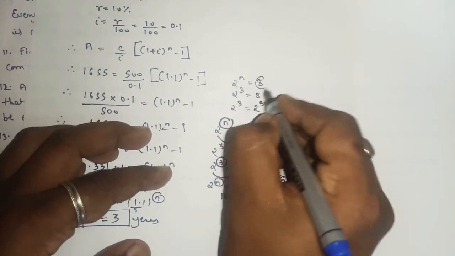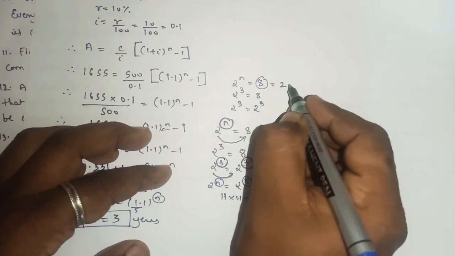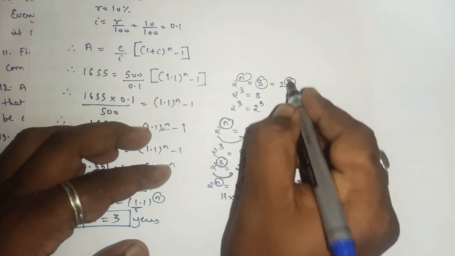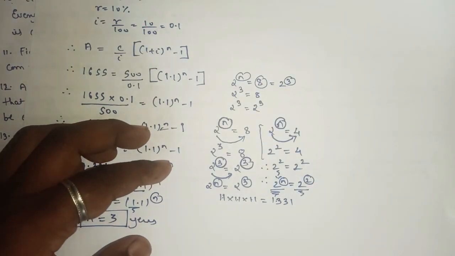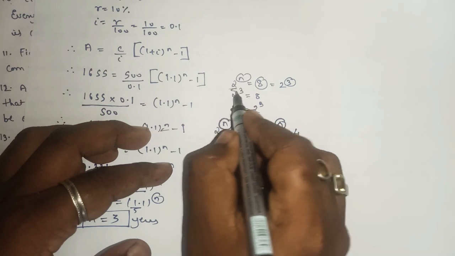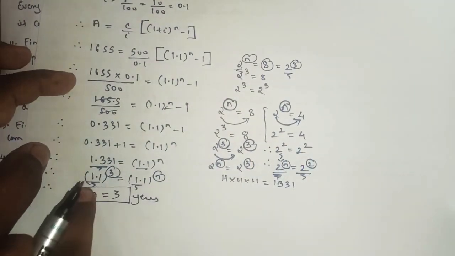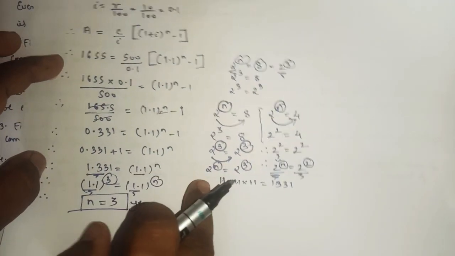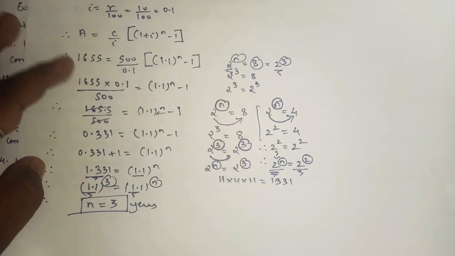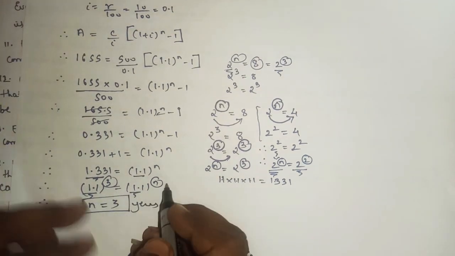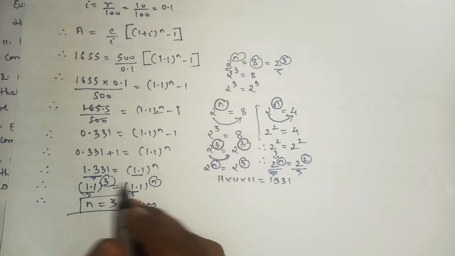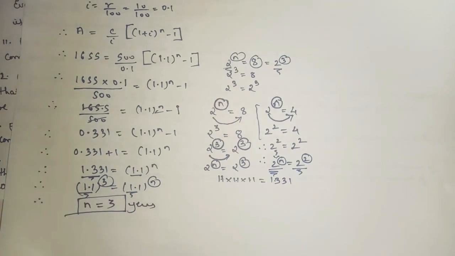So comparing this power, n will be equals to 3. When can we compare the power? If the base is the same. When the base is the same, we consider the power as the answer. If the base is the same, the power will be your answer. If the power is the same, then the base will be your answer. So this is the method, a format and a concept in mathematics.